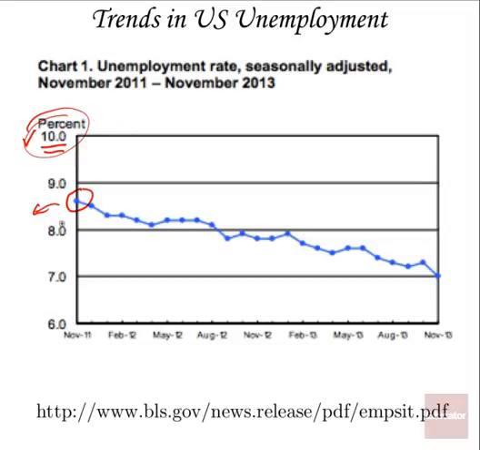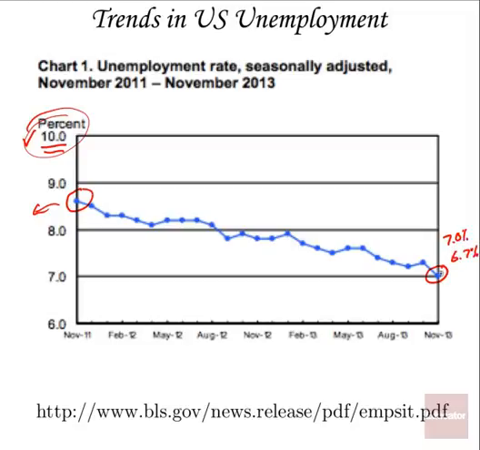You can make the argument that the unemployment rate has gotten much better. You clearly see the downward decline of unemployment. Our unemployment rate right now, as of November, I believe, December actually went down even further from 7% to the December rate, 6.7%.